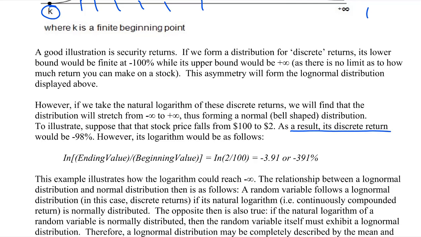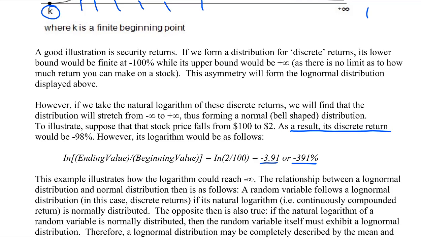The 2 is the ending value, and then we divide it by the beginning value. So what we're doing is calculating the rate of change going from 100 to 2, but using continuous compounding. When you find the logarithm of the percentage change, it works out to minus 3.91. And when you convert that to percent, that works out to minus 391%.